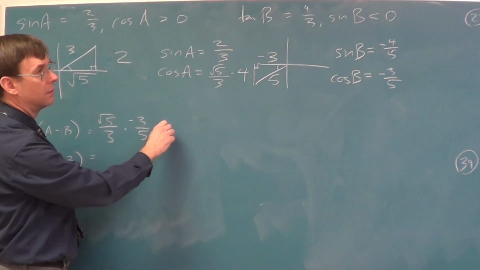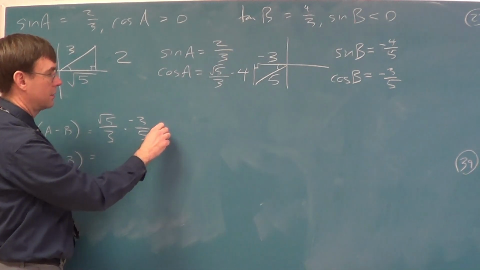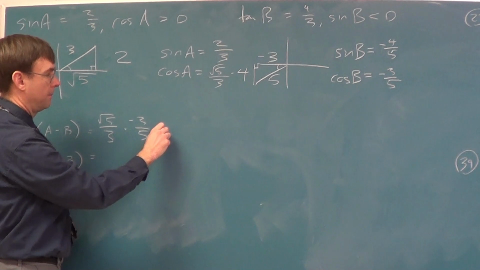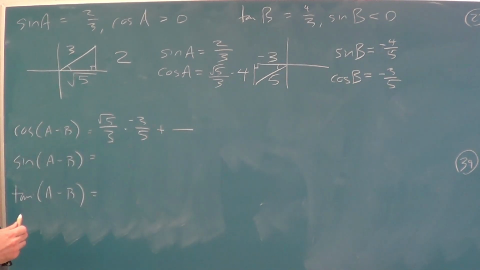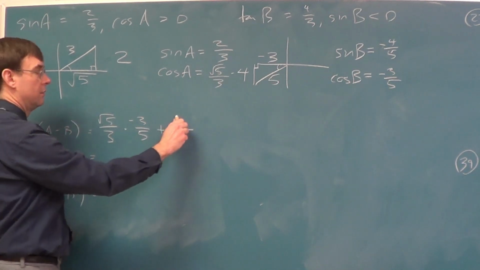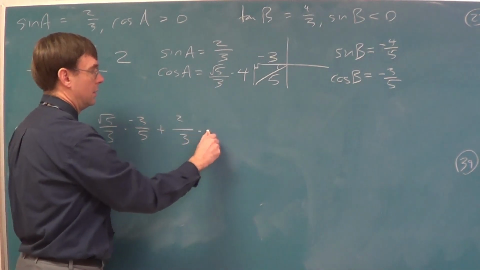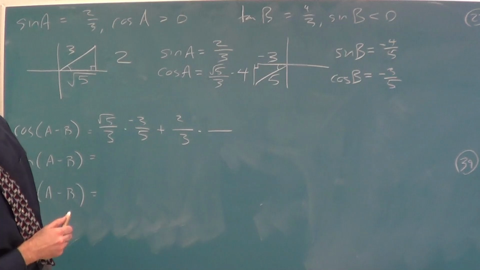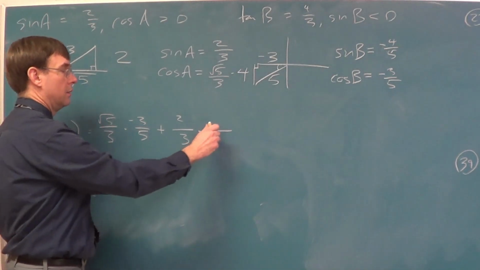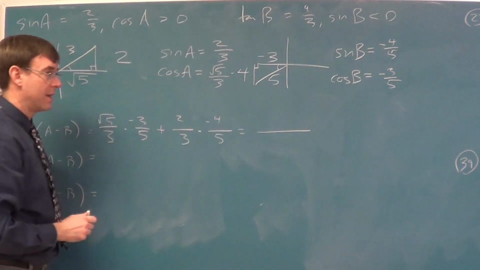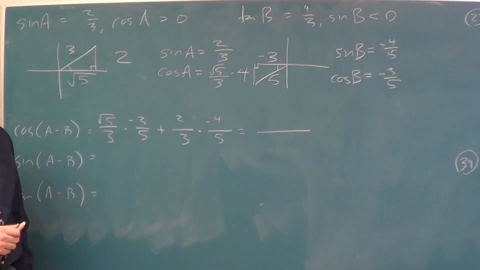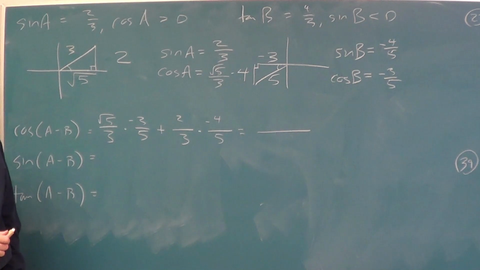Sine, plus or minus? Plus. Grab another fraction. The property says to grab sine of A, 2/3, times sine of B, negative 4/5, and then we're going to try to make that better. Question about how we essentially filled in the blanks with those?